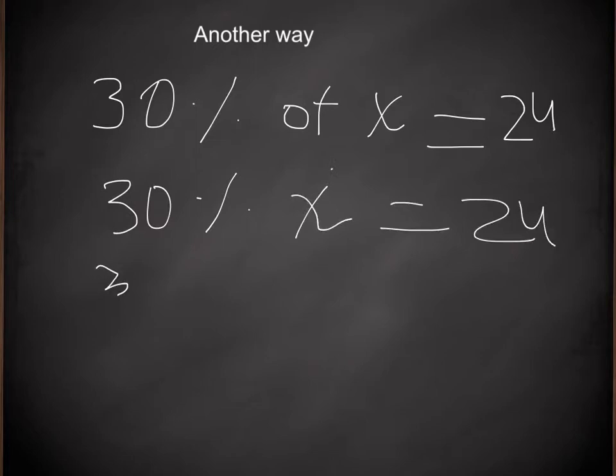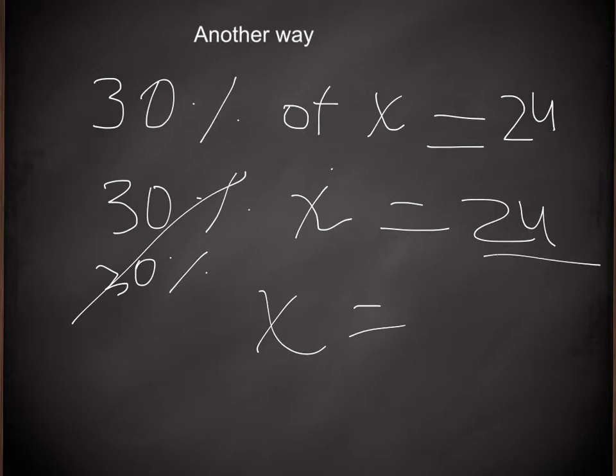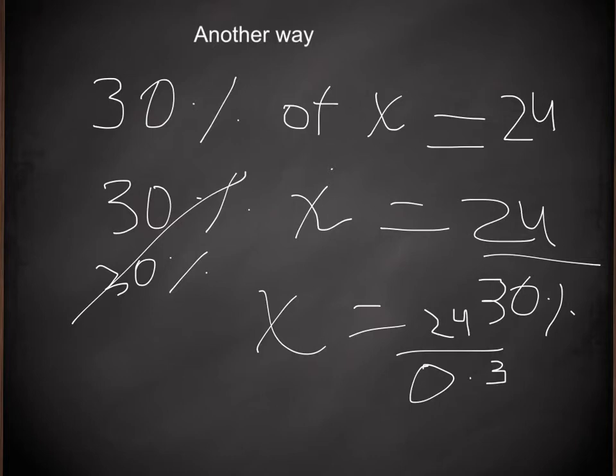So if you get rid of this percent right here, you just have x equals 24 over 30%, which you can write as 24 over 0.3 because 30% equals 0.3 if you divide both of these by 100.